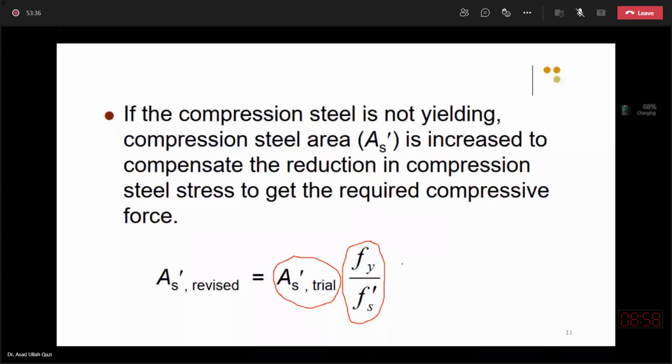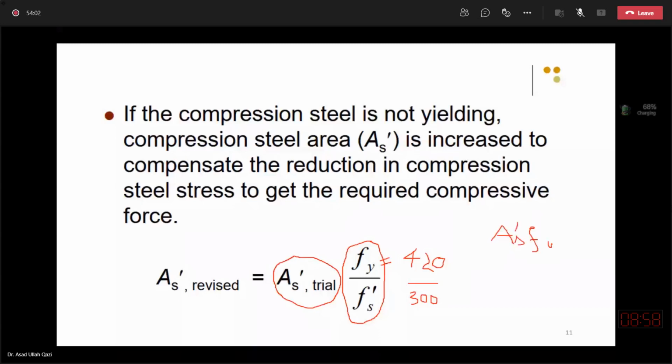But once I checked later on, I got the idea that steel is at 300. So it means I am thinking that AS trial is at Fy, but actually AS trial is at Fs prime. So both can't be equal.